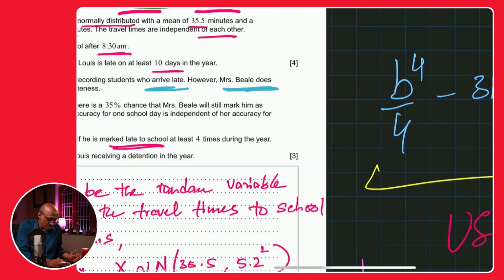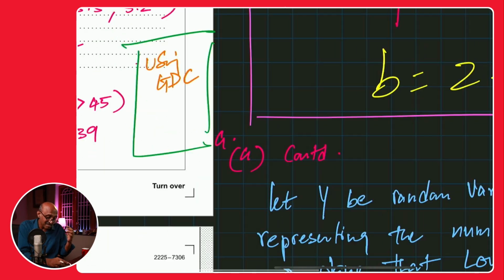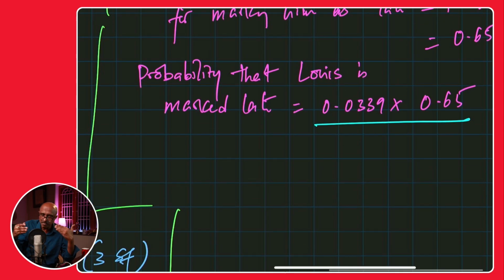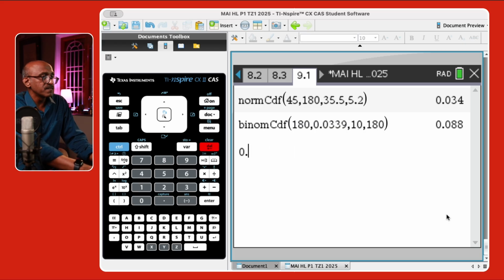Which means when we are asked to find the probability that he's going to receive a detention, he receives one if he's marked late 4 times. So this becomes a new random variable, again a binomial random variable, because it's a number, a discrete random variable. Let's work this number out first, quickly on the graphing calculator. This is not the number I'm looking for.